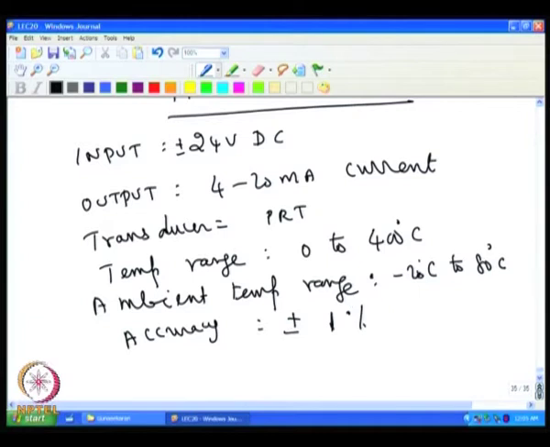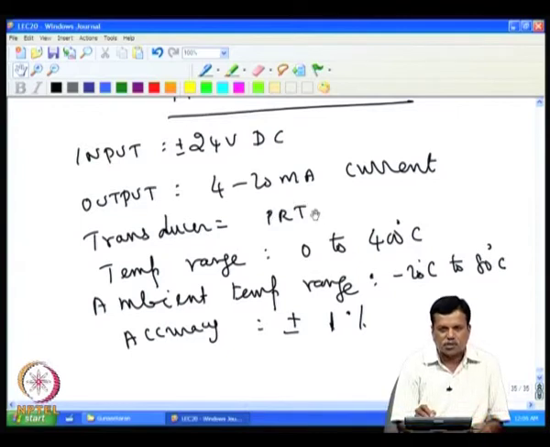So, what we do is we take 24 volt DC as an input supply, and then we use a platinum resistance thermometer as a temperature sensor. The platinum resistance thermometer resistance changes 0.4% every 1 degree temperature, that is, it has a positive temperature coefficient. Resistance increases by 0.4% every 1 degree increase in temperature.